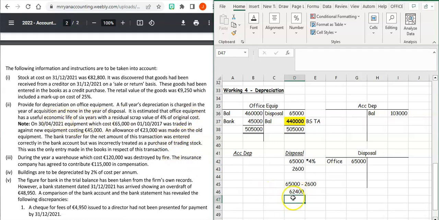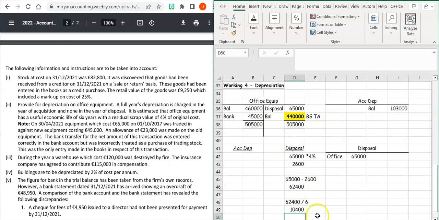So if we divide this 62,400 by 6, that's going to tell you what's the depreciation per year. So it's 10,400. That's how much we've depreciated per year on this office equipment of 65,000.